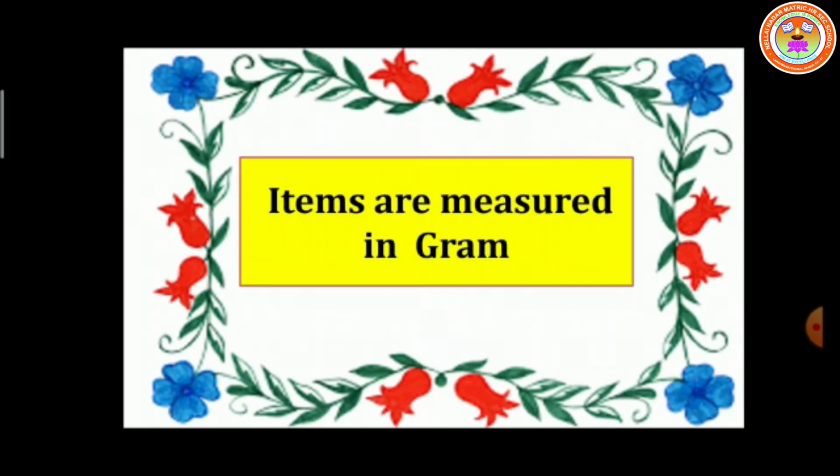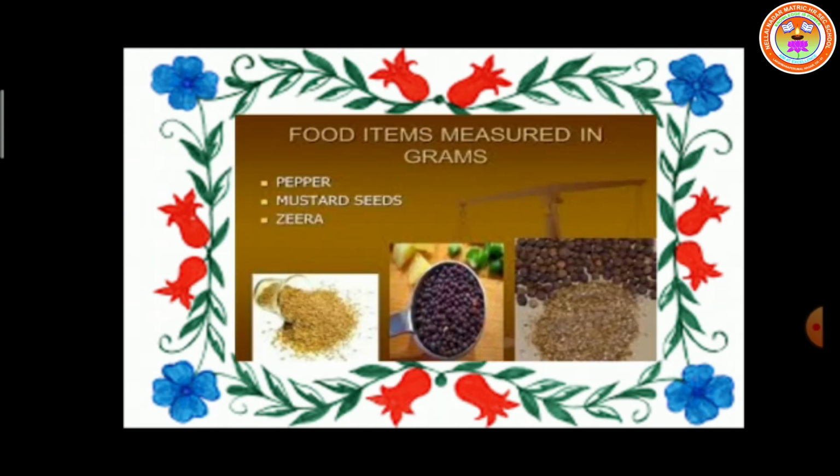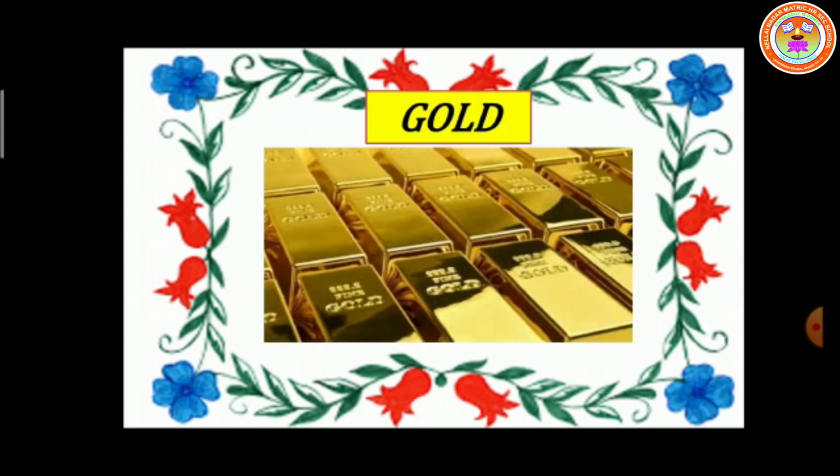Now, what items are measured in gram? I've given only a few examples here. Food items measured in grams are pepper, mustard seeds, jeera. An important thing, gold, is especially measured in grams only.